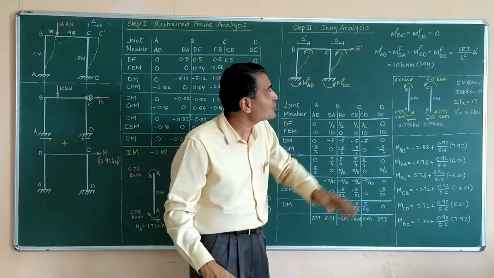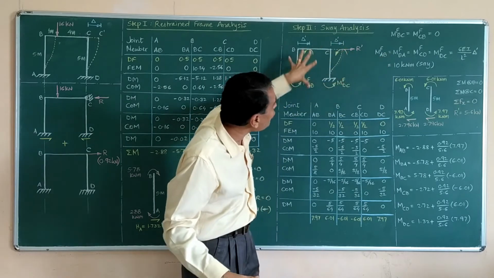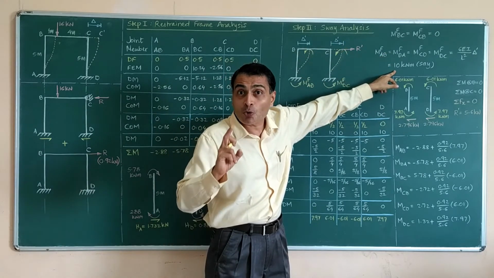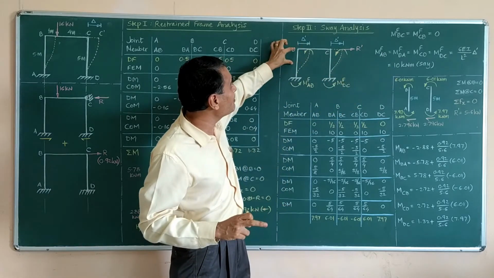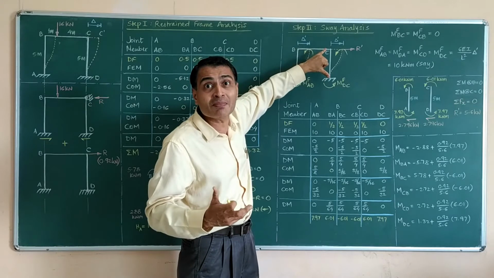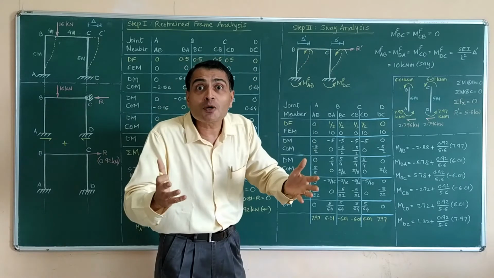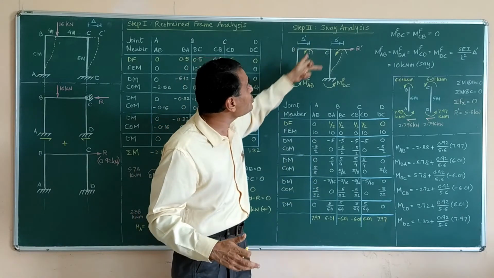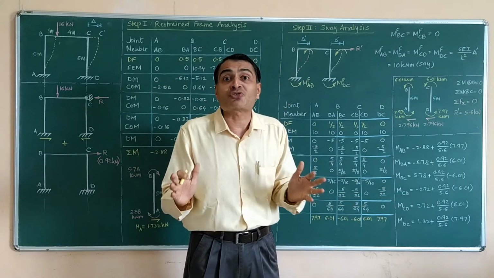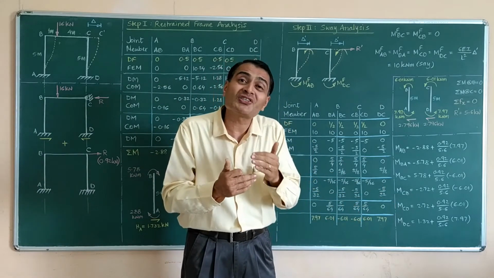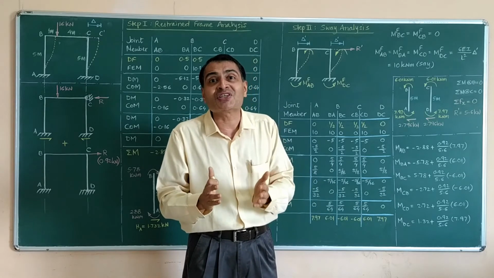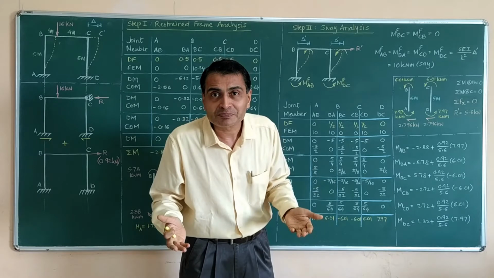That is why we are assuming that all these four moments are 10 kilonewton meter. Suppose in a problem, this member is 2.5 meters long and this member is 5 meters long, I will not be able to assume all these moments have the same magnitude. Then I will have to do a slightly more involved analysis, and we will see that analysis in my next problem.